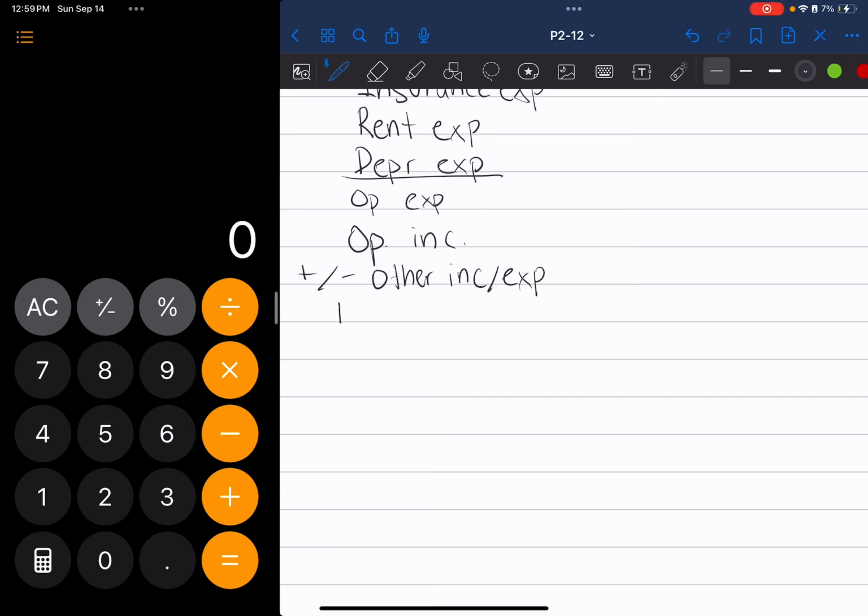So based on the problem, we'll add interest revenue and subtract the interest expense. So then this is how we'll get net income, which is the ultimate goal when preparing the income statement.